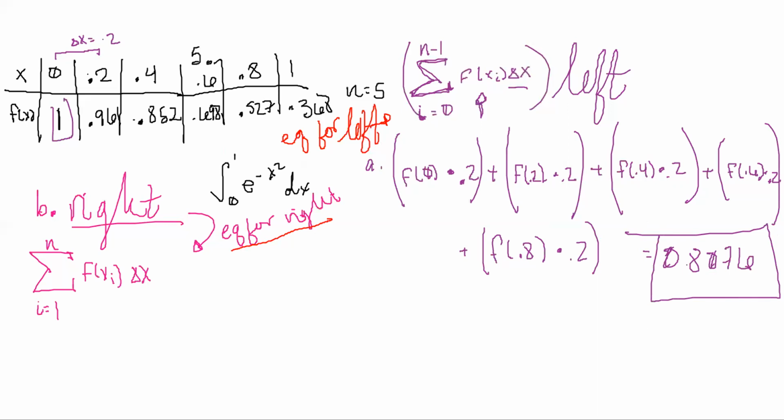We're going to do the exact same thing, but we're going to interpret this equation in the pink for the right-hand sum. Basically what this is saying is that we need to have f of 0.2 times 0.2, because delta x still equals 0.2. We're using the same chart up here. Instead of starting at 0 though, we're starting at 0.2 and we're going to go like this.